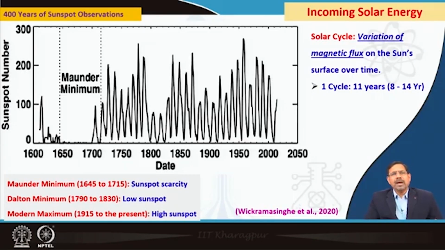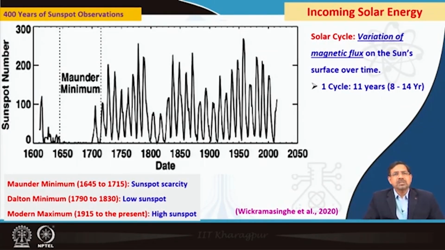If we go back to 1600, about 425 years back, and plot the number of sunspots, we can see it going as high as 270 or 280. From the plot, sometime around 1955, the maximum number of sunspots has gone beyond 270. What we are seeing from here are 3 different types of minima.